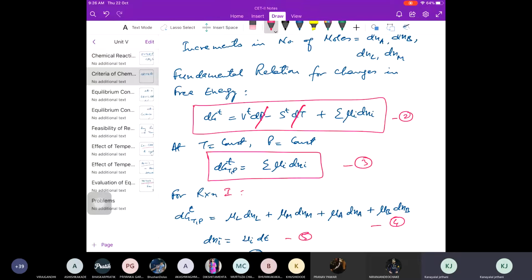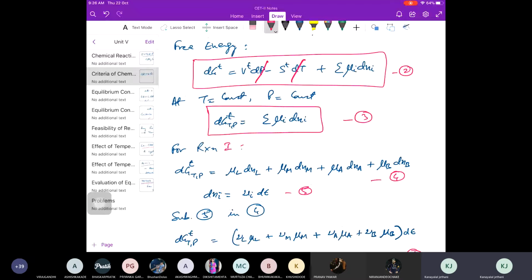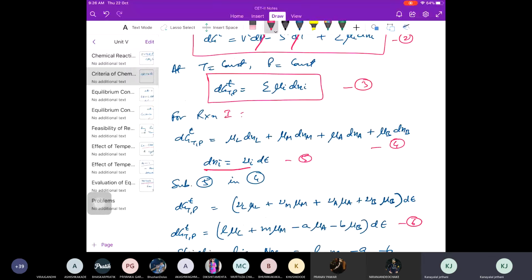Okay, so for reaction 1, we can write this equation 3: dG total will be summation of mu i dni, that means mu L into dnL plus mu M into dnM plus mu A into dnA plus mu B into dnB, right? And we know by definition of epsilon that dni is equal to nu i into d epsilon.